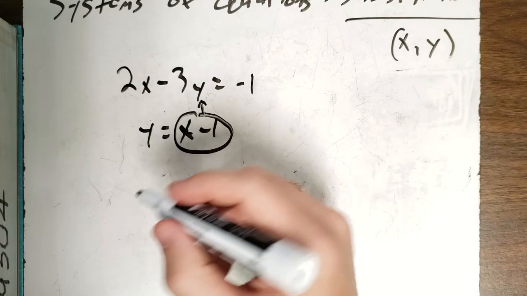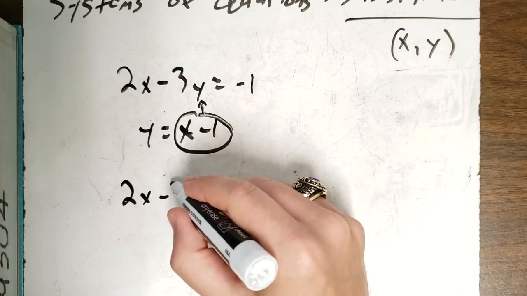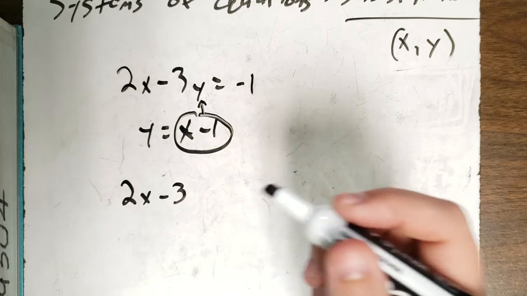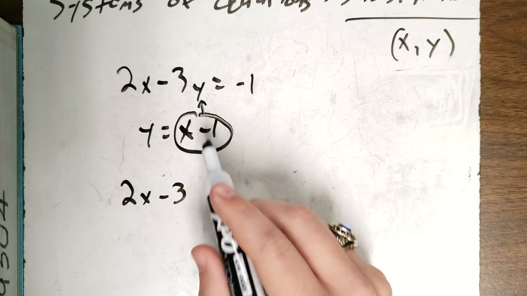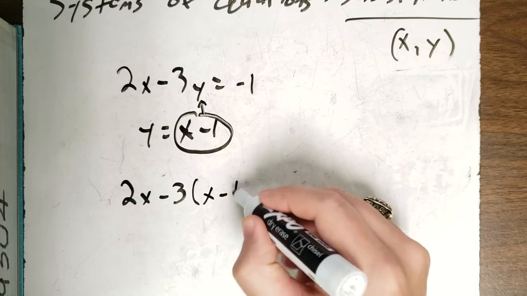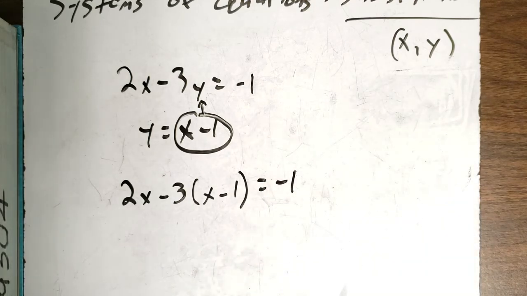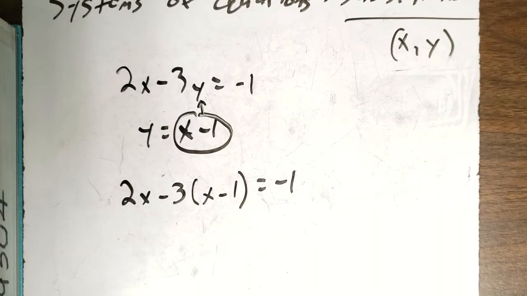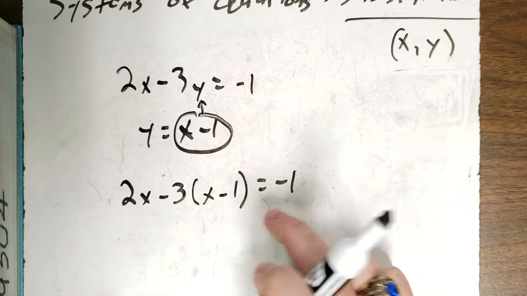If we rewrite our equation, we have 2x minus 3, and instead of it being a y, it's going to be, in parentheses, our problem here, x minus 1. So now we have 2x minus 3 times x minus 1 equals negative 1.